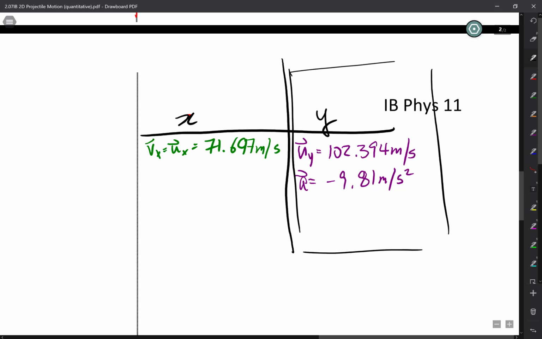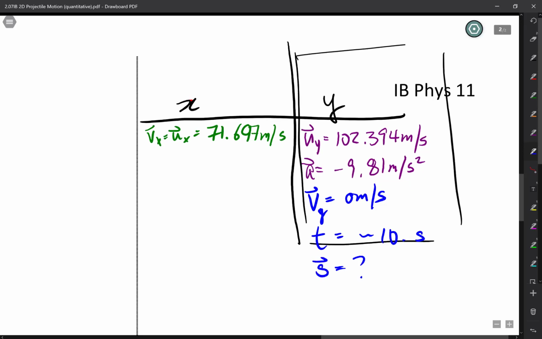Now, here's the other thing. When the object reaches maximum height, very similar to the other problem, we know that in this case the final velocity is 0. We also technically know the time, which is approximately 10-something seconds from the previous question. I would rather use my original values that were given in the problem or that I found earlier, rather than calculate it later, just to avoid any carried-over errors.